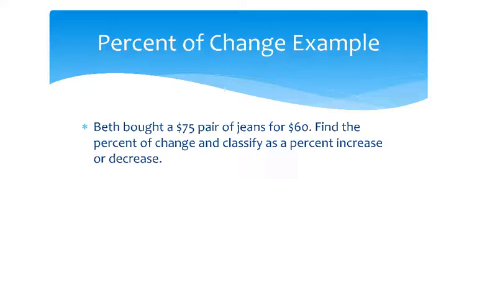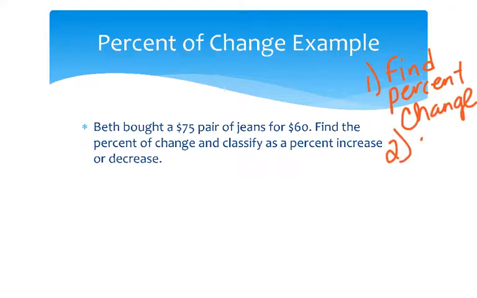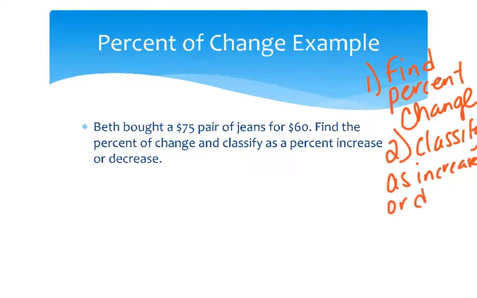So there's 2 things that we're going to have to do here. The first thing is find the percent change, and then the second thing is we need to classify it as increase or decrease.